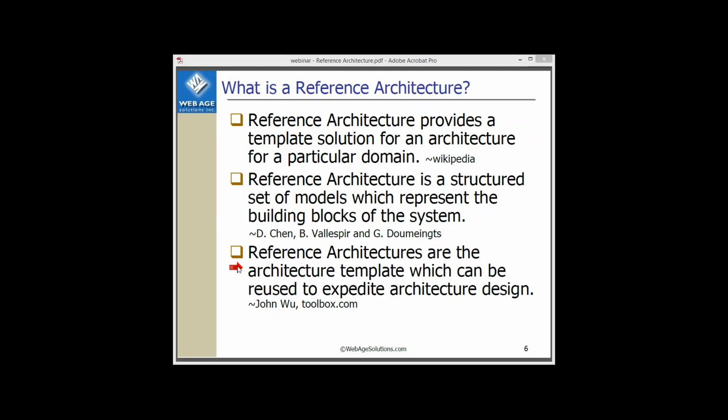Then finally, we see a definition which focuses on the template concept again, but talks about the ability to reuse in the interest of giving people a head start in the right direction. This not only expedites, as it says here, but also allows us to get people going down a path that more rapidly aligns them with the goals we have for our broader architectural interest in the organization.